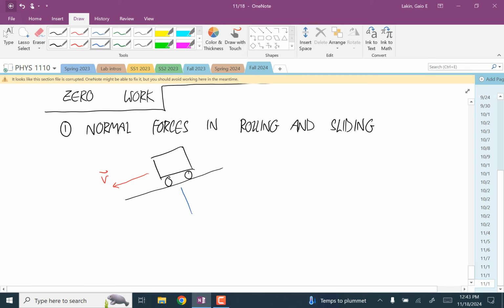And the normal force is perpendicular to it like this. And so these two vectors are perpendicular, always. Okay, so what that says is, besides just problems that have gravity and springs, we can always include problems that are rolling or sliding. The normal force in there doesn't mess up our ability to do this problem. Okay.